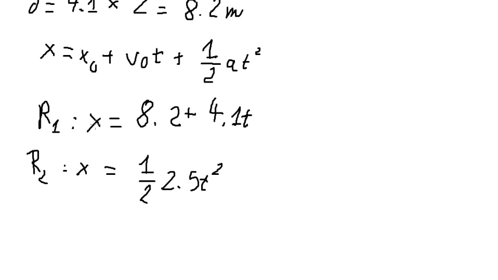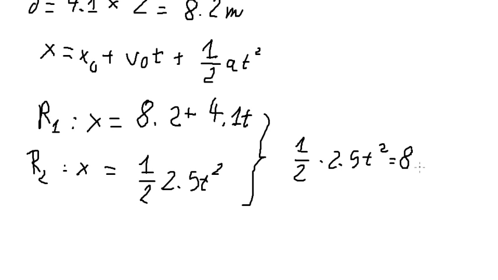So that's why S equals S. So we will have 1 over 2 times 2.5 t squared equal to 8.2 plus 4.1 t.